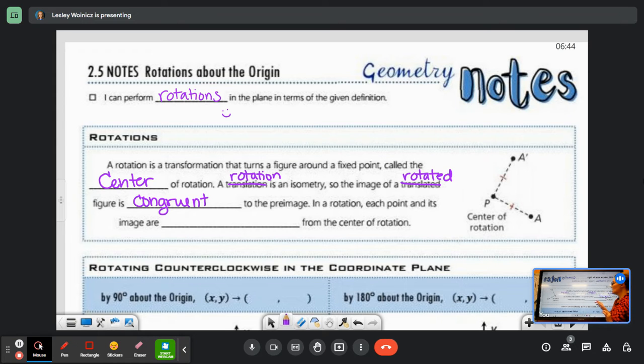In a rotation, each point and its image are equidistant from the center of rotation. Okay, so what that's saying is that I start with A, and if I'm rotating it around P to its image spot, it's going to be the exact same distance from P as A. Like I wouldn't rotate it and now it's way out here.